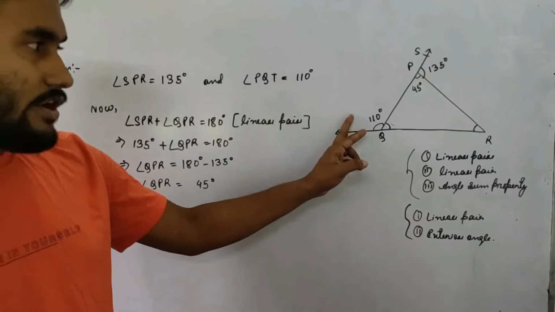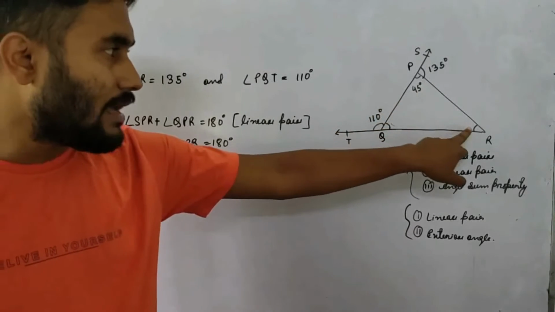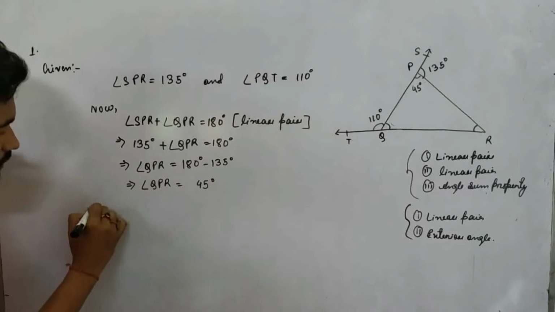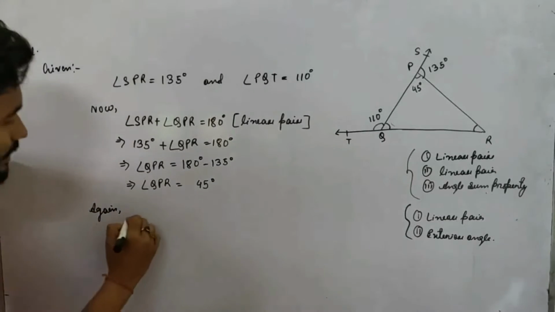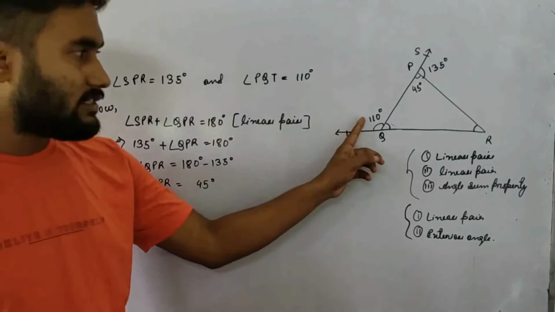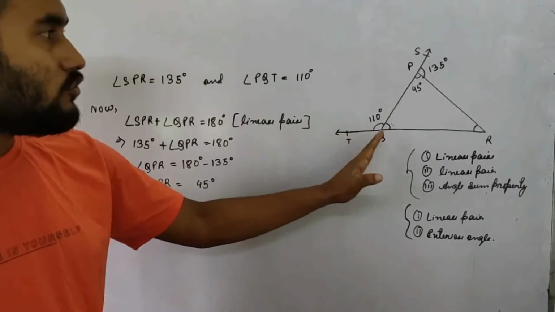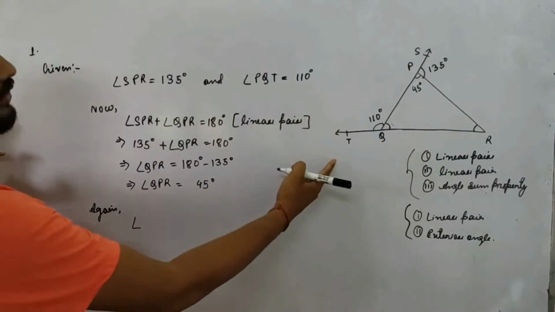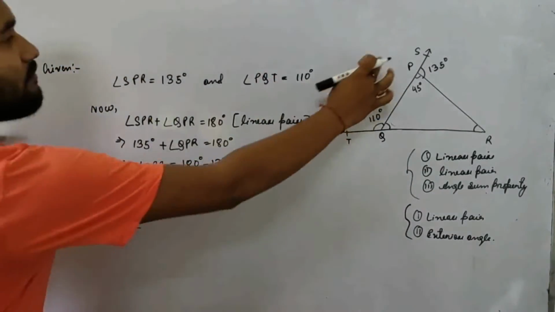So see, this exterior angle property I will use. This angle will be equal to this angle plus this angle, because this is the adjacent angle. So again, this is the exterior angle. The exterior angle means angle TQP, or what is given, PQT, right? You need not write TQP, write PQT only. Whatever is given in the question, write that one.